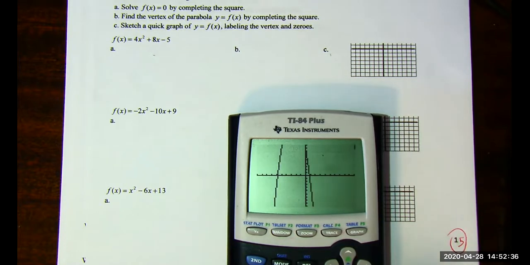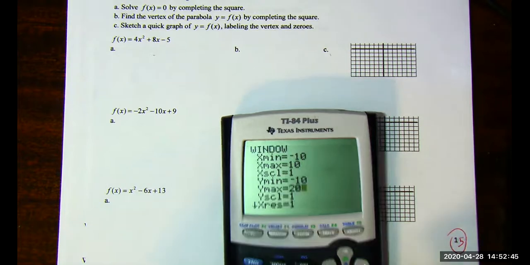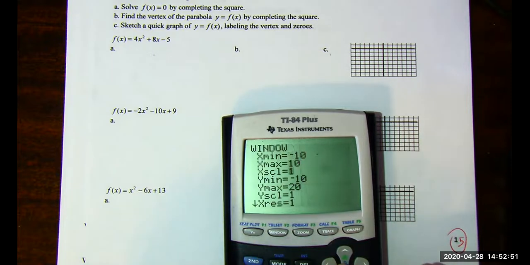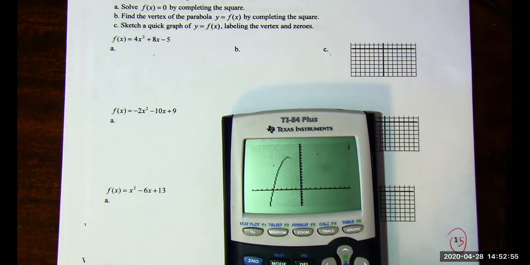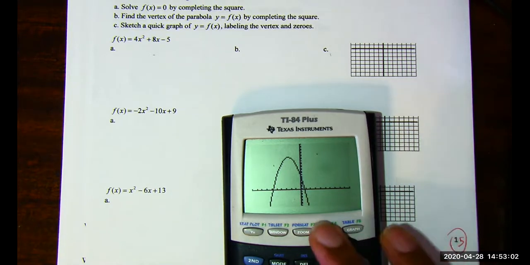Okay, I'm going to adjust my window so I can see the peak, the vertex at the top, the maximum value. Let's make the y maximum 20. Okay, so we'll make the y maximum 30. Just to verify, let's find the maximum value first. Second calc.